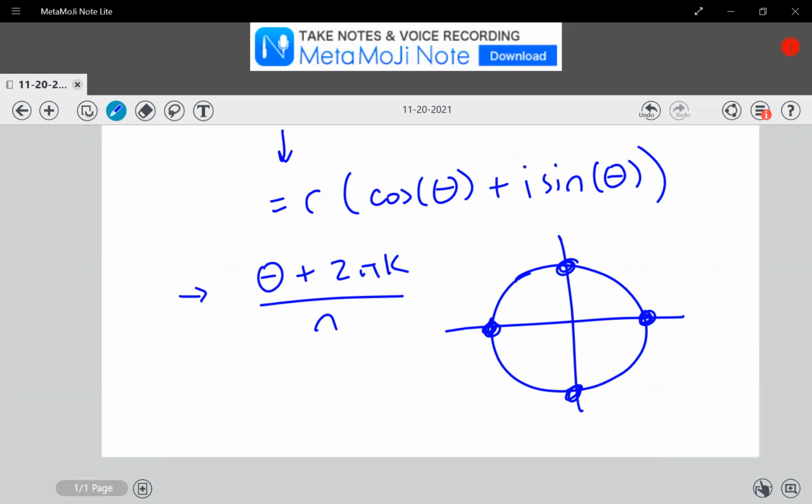And then we can find the angles that will equal our roots. So let's say our n equals 4. We'll have 0, pi over 2, pi, and 3 pi over 2.